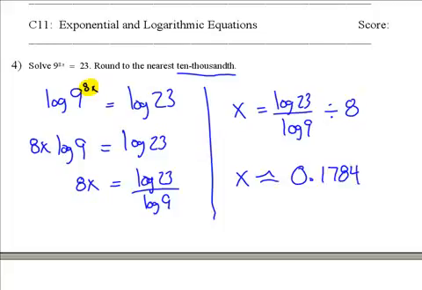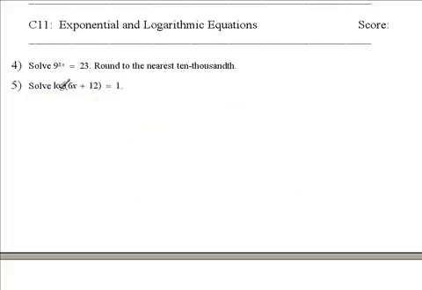Pause here for questions. Number 5, I've got log of 6x plus 12 equals 1. When I don't see a base in a log, that's a base 10. So we're going to write this as an exponential. So this says 6x plus 12 equals 10 to the 1. If I change it from log form to exponential form, I've got a simple equation.